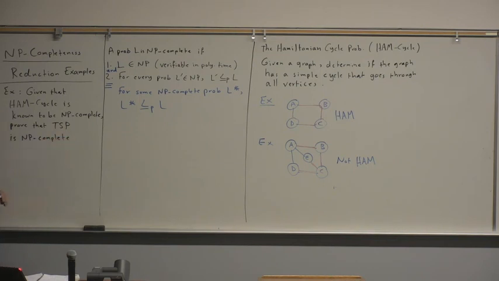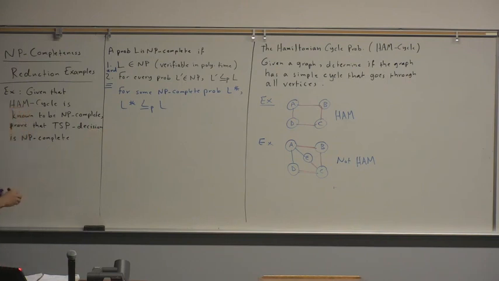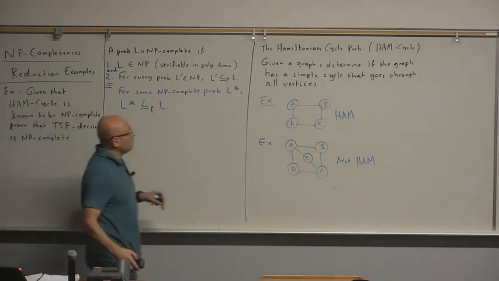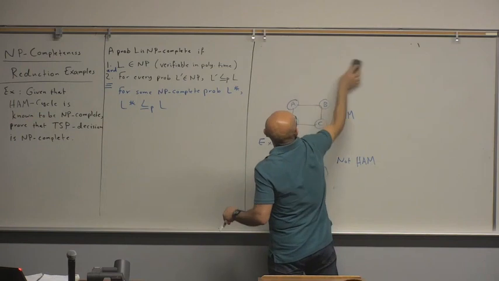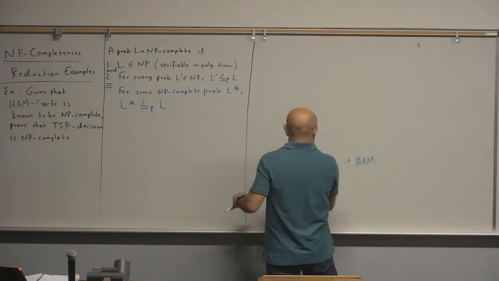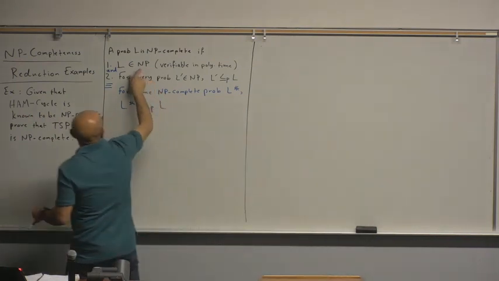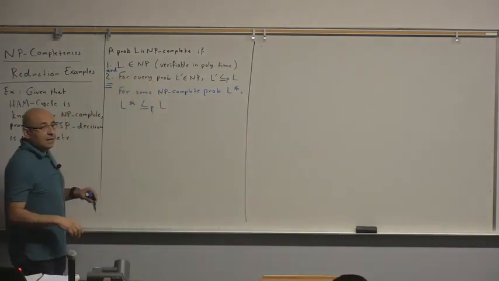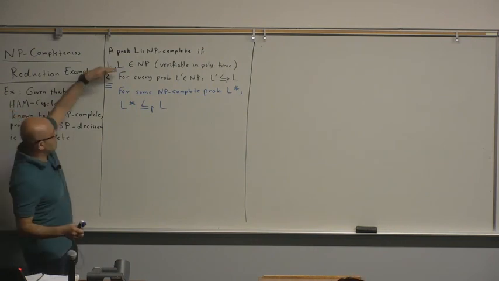Now, which form of TSP is NP-complete? Is it the decision or the optimization? The decision. The TSP decision is NP-complete. Now we have to verify that the traveling salesman problem satisfies both conditions. In order to prove that a problem is NP-complete, you have to prove that both conditions hold.